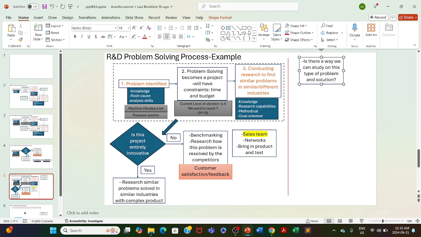So the first thing I would ask myself is, is there a way we can study this type of problem and solution? The answer is yes. And then the next question is, what are those resources? Typically, we can look into ChatGPT.